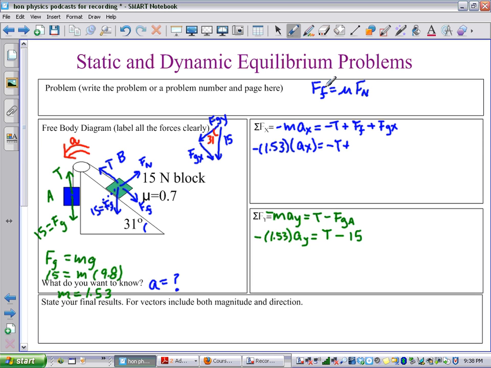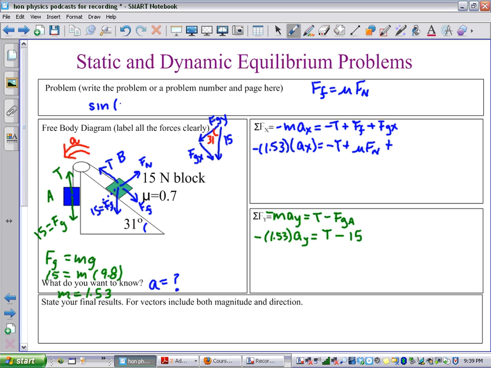So I'm going to replace FF with mu Fn because I know mu, and I think I can find Fn plus Fgx.